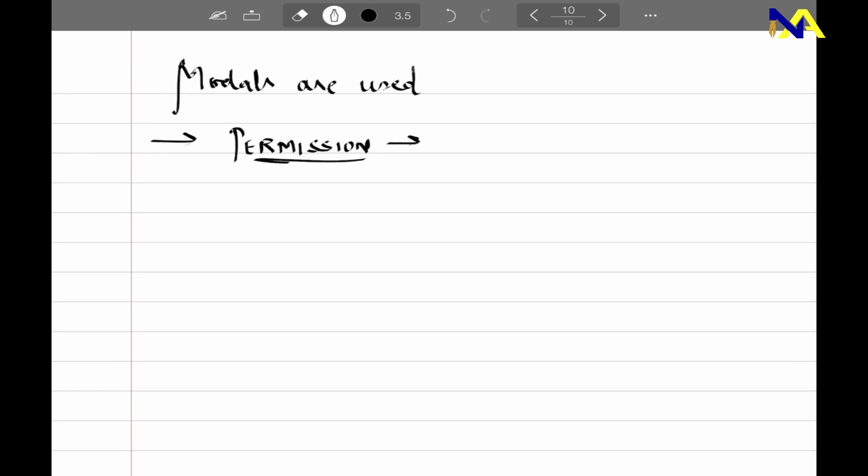For permission, we precisely use these modals: may, can, could. So try to understand that there's not a very strict rule by which they go. For a certain condition more than one modal can be applied and it will still be okay. For example, for permission we use may, can, could.